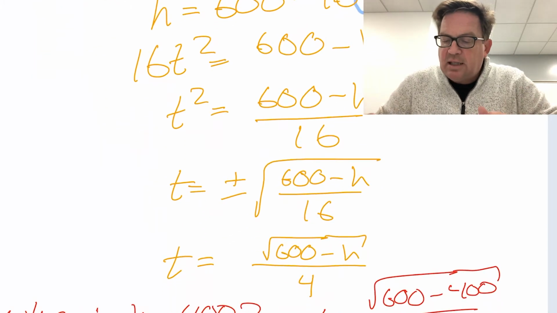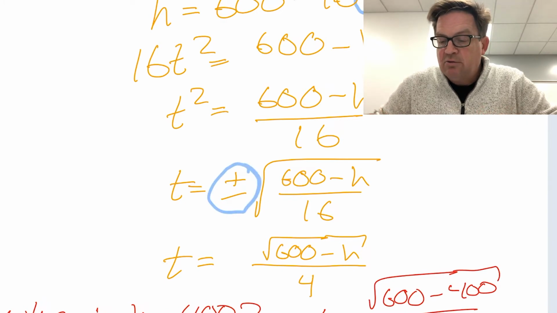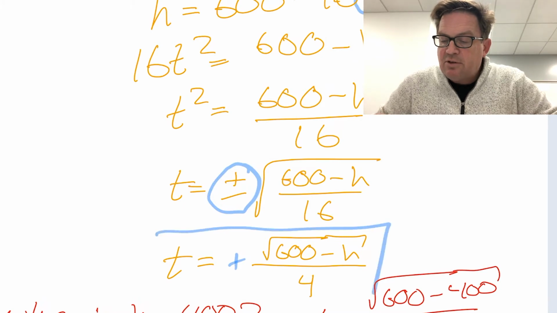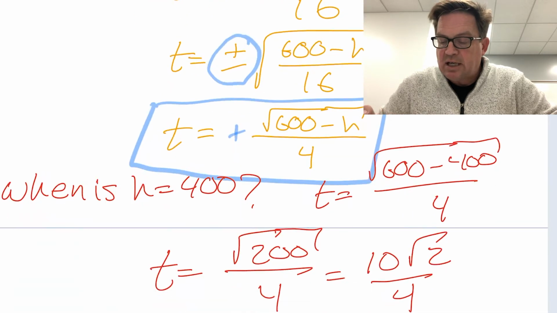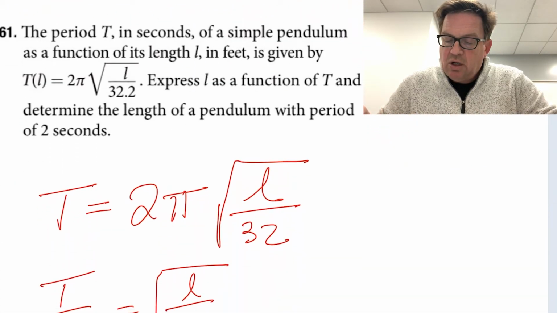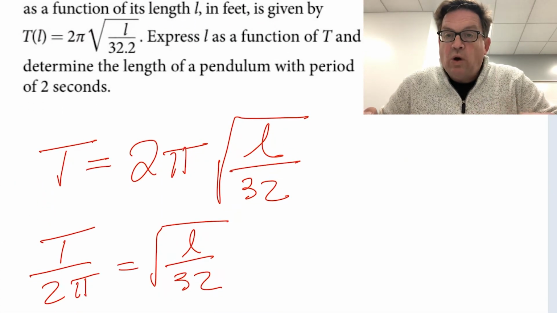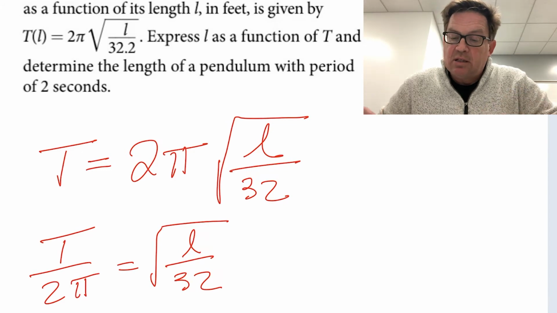One of the keys that they mention is when you do this, you get a plus or minus as you solve. But in our case, we only take the positive value because time being negative doesn't make sense in our context. And so you get an inverse function here. Plug in the height h and you get out a time t.